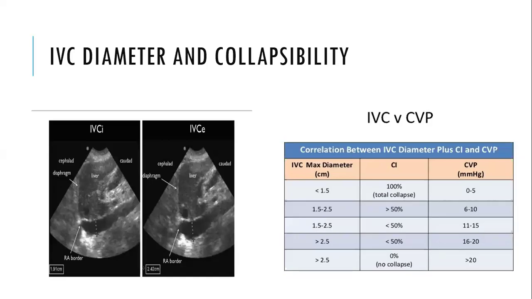And how do you interpret this? When you have a very low IVC diameter with high collapsibility index, it shows that your patient is fluid depleted and will benefit from fluid boluses. And it has really helped a lot of times.